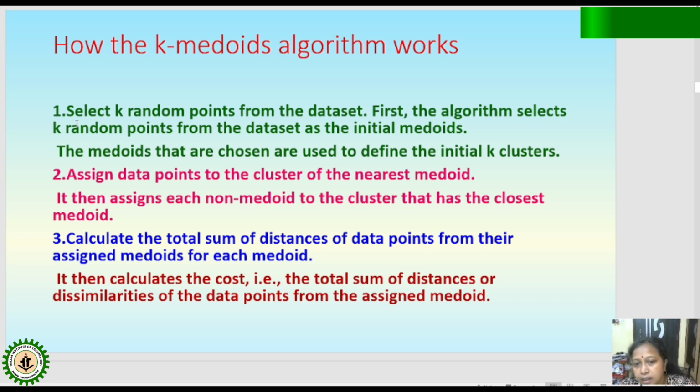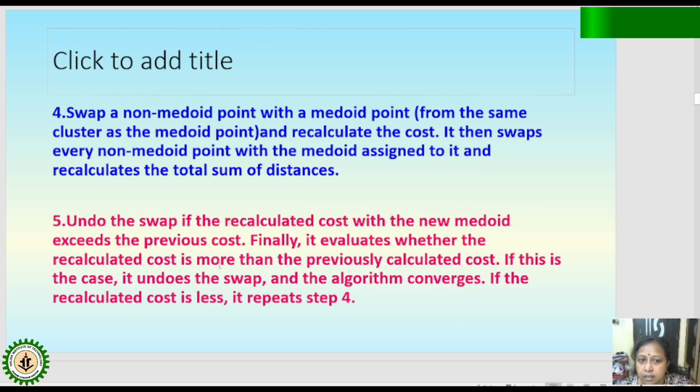Next step, assign data points to the cluster of the nearest medoid. It assigns each non-medoid to the cluster that has the closest medoid. Next step, calculate the total sum of distances of the data points from their assigned medoid. It calculates the cost, the total sum of distances or dissimilarities of the data points from the assigned medoid.